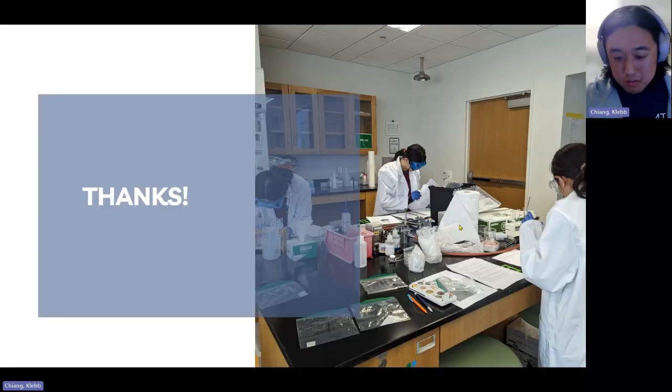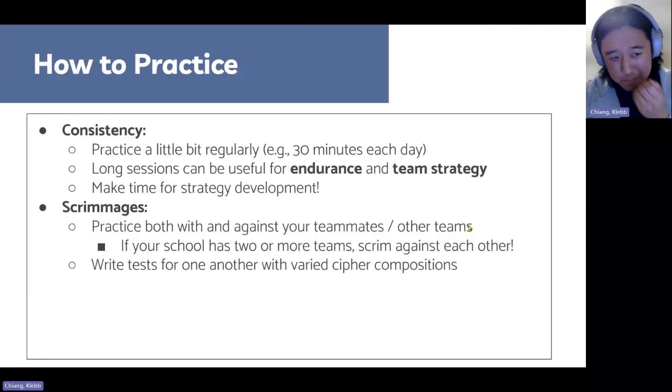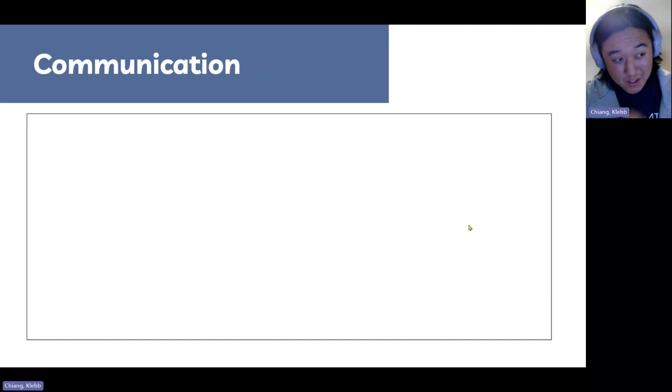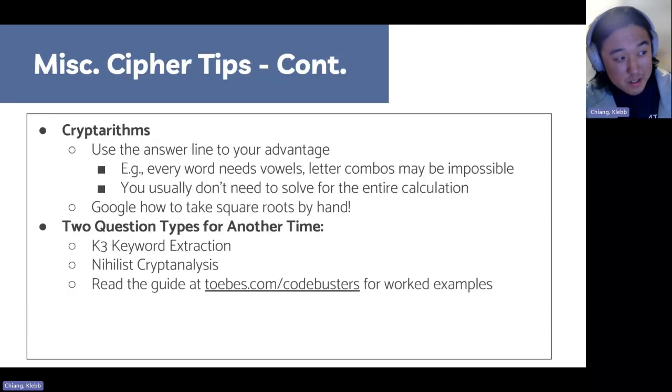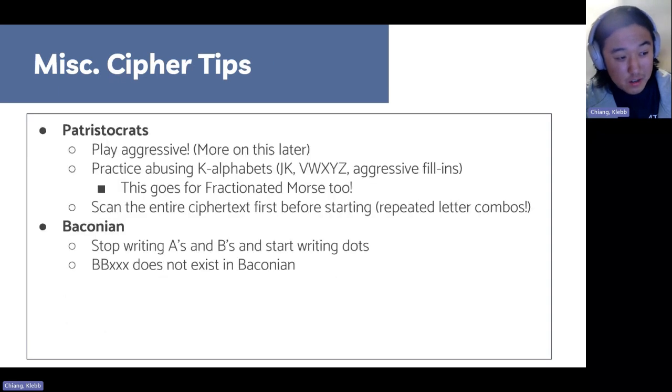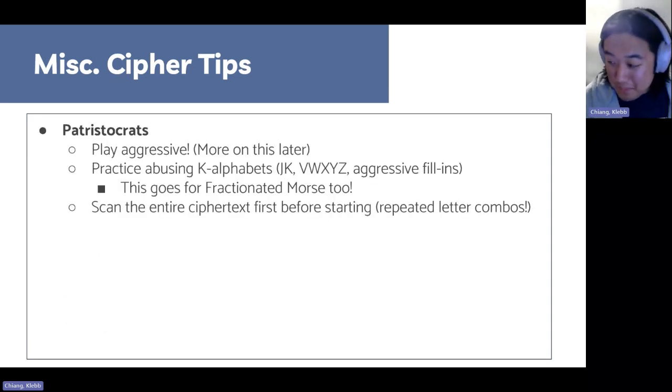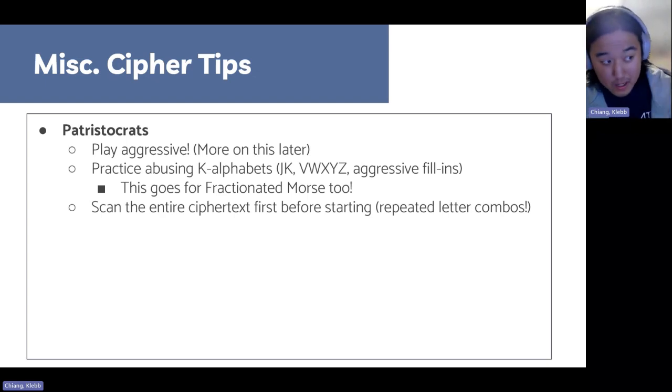Patristocrats. We talked about this a little bit. It's really hard to give any solid advice on patristocrats because they are just inherently so difficult. These are the tips I have for you today. A lot of patristocrats are keyed, so get comfortable with your K1, K2 alphabets especially.